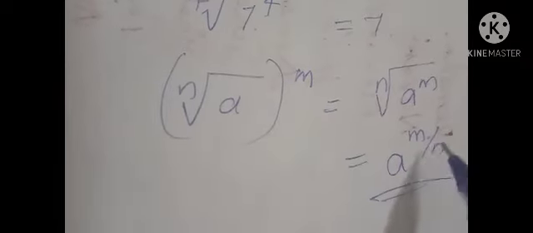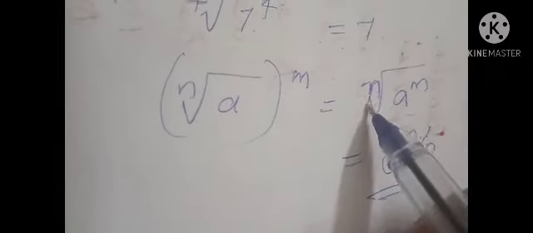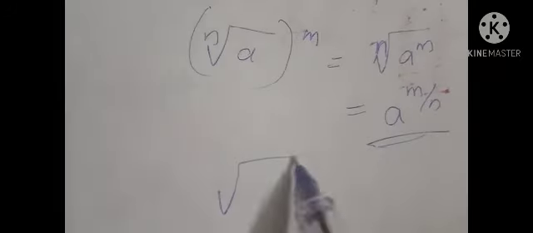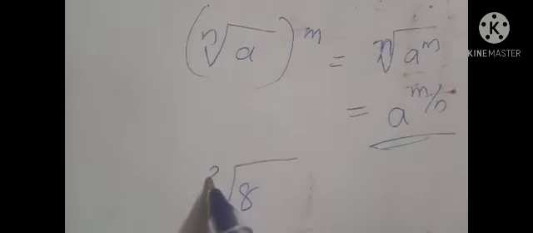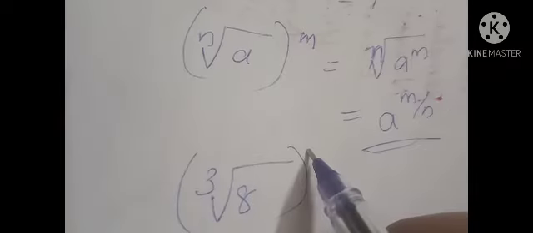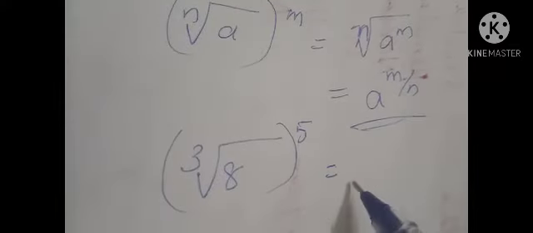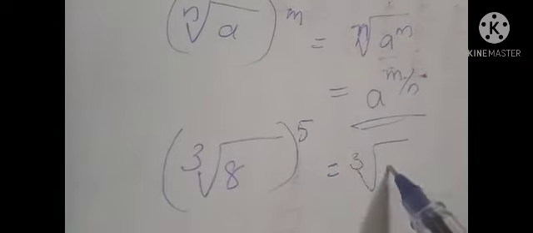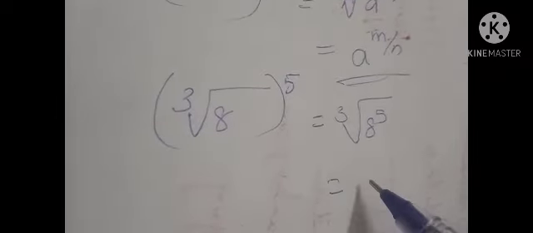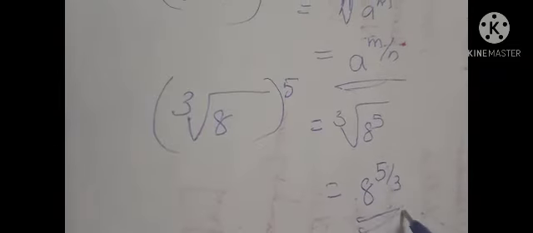For example, cube root of 8 raised to 5. Then what will it be? That we can write as cube root of 8 raised to 5, or we can write it as 8 raised to 5 by 3.